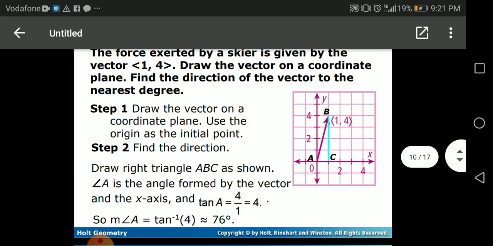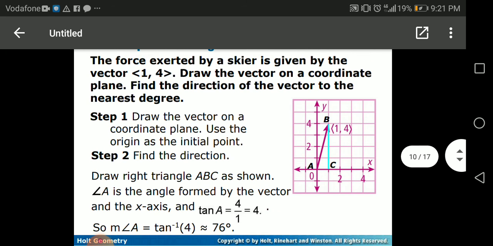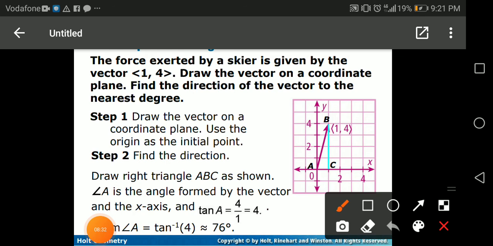I have another question here. The force exerted by a skier is given by the vector with components 1 and 4. Let this be the terminal point, and let the initial point be the origin. So the origin is 0 and 0, and the terminal point is 1 and 4.